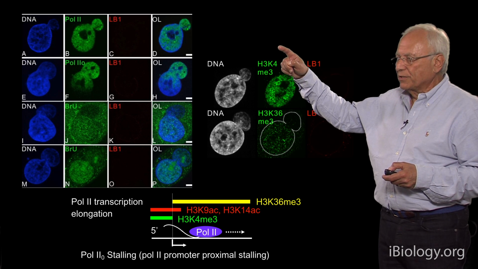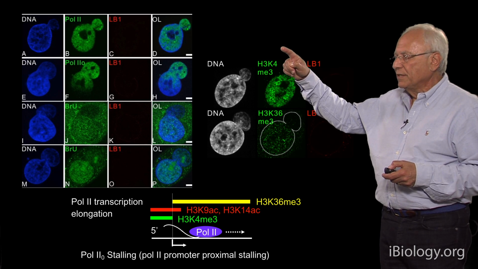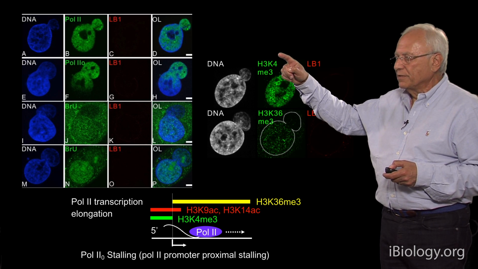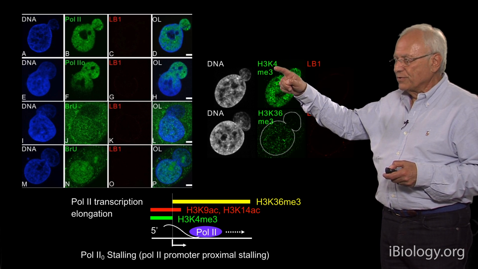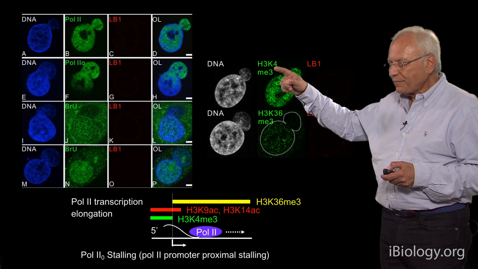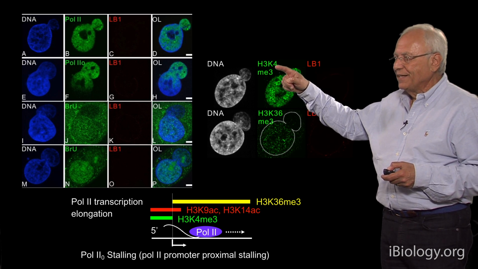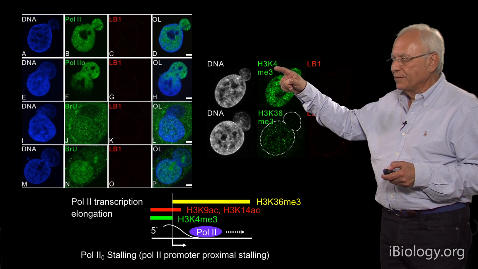So then we looked at RNA polymerase II, and if you look at the inactive form of Pol II, you find it's distributed throughout the nucleus and even the nucleoplasm, and even in the bleb. But then when you look at Pol II-O, the active form of Pol II, it's a specific antibody, you find that it seems to be concentrated in the bleb region.